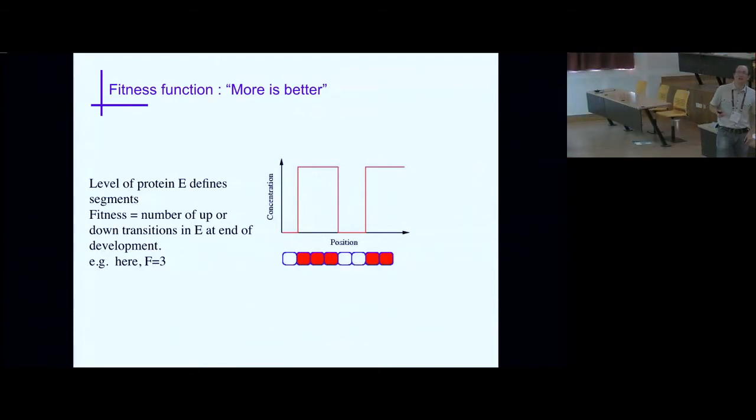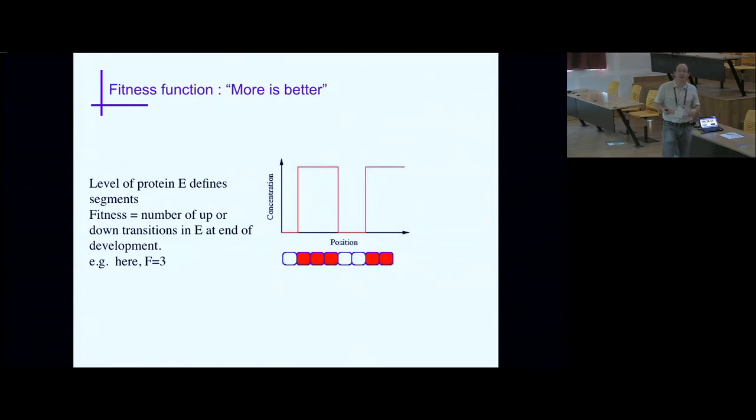That's the idea. And to quantify that more precisely, I do something very, very crude. Assume you have a profile of the output gene as a function of position that looks like that, at steady state. I basically count how many transitions there are between a low concentration and a high concentration.